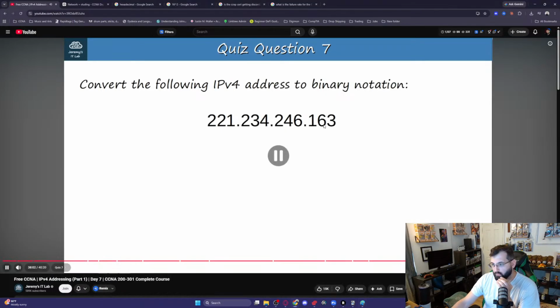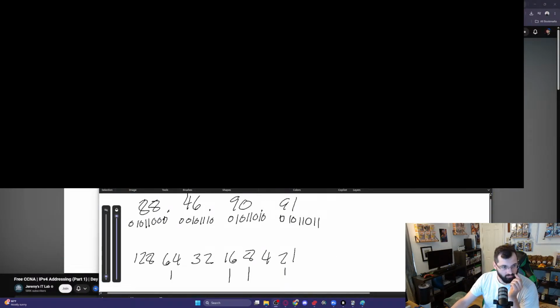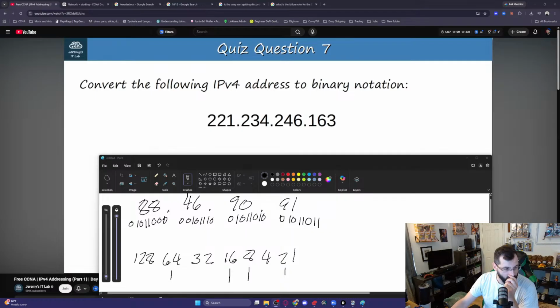Convert the following IPv4 address to binary notation. 221.234.246.163. Okay. I'm gonna do the same thing. Dang, dude, I really wish that would work. You know what I could do, though?